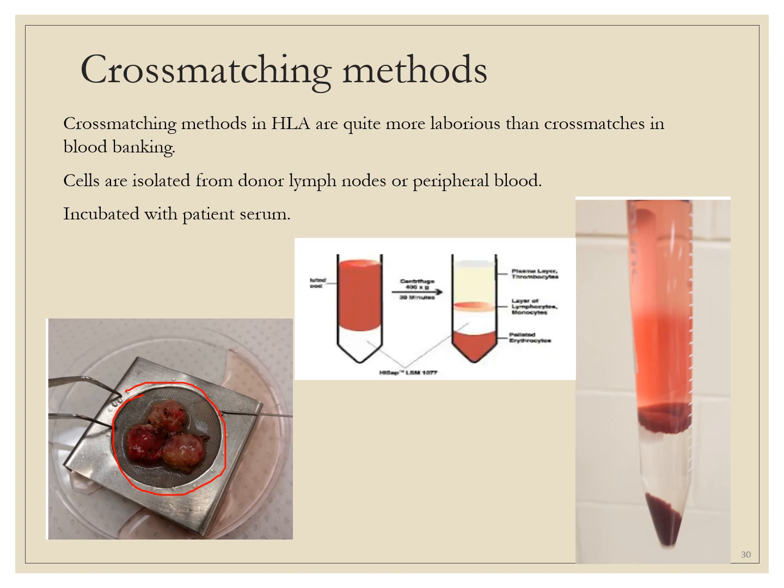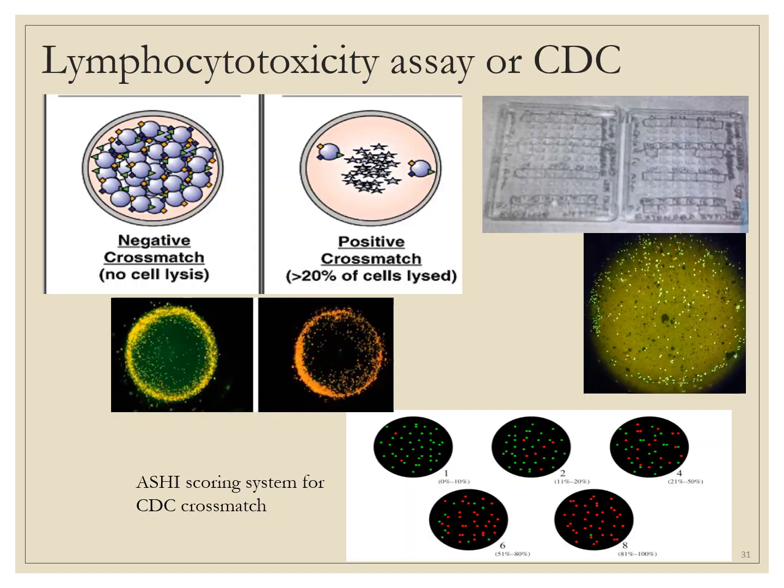You isolate just the lymphocytes, and lots of times it looks very messy like this. Then you incubate the lymphocytes with patient serum to see if there's a reaction. The other cross-match that we perform is the CDC cross-match.